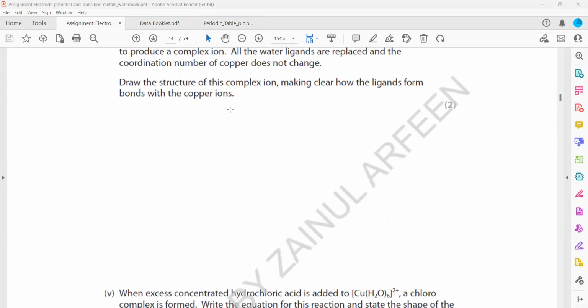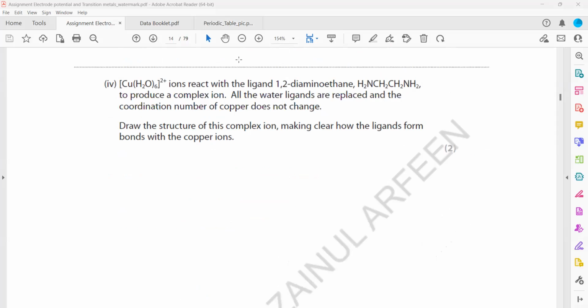Look, first, when water molecules were attached, we had copper 2+, and there were two lone pairs on oxygen. Each lone pair is trying to fill the d orbital, forming a dative bond.